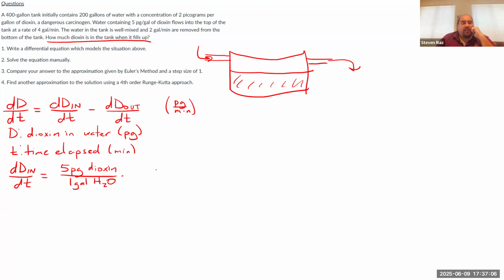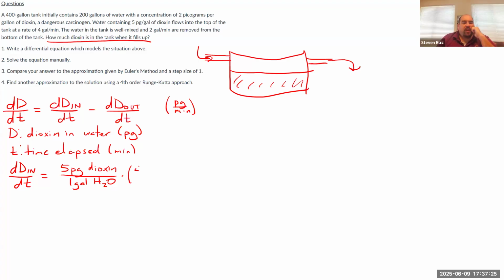Picograms per gallon is not what this rate needs to be expressed in. So I need to do something about this gallon, this volumetric rate. What's the flow rate of this water into the tank?